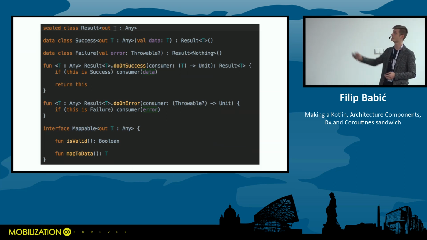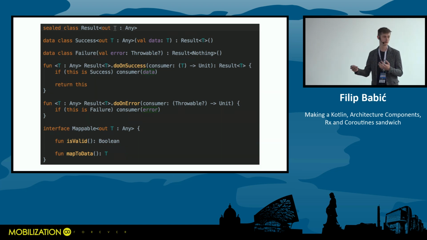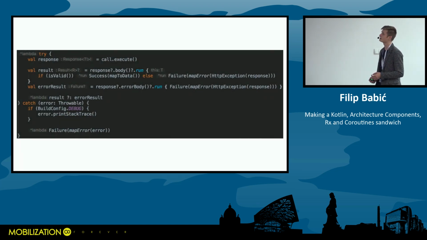And this entire layer is abstracted in the networking part. So it kind of looks like this. It's a bit much, but it's actually really simple. You have a try-catch block because we're calling execute.